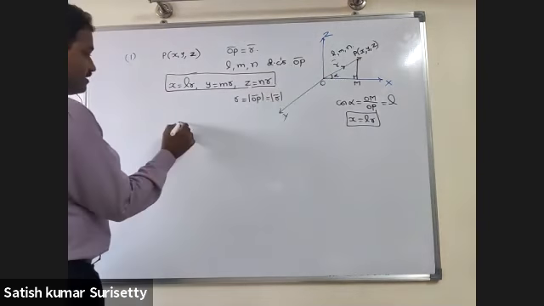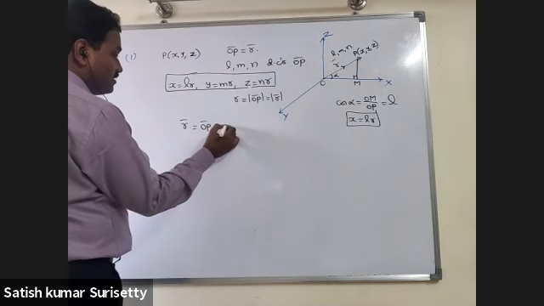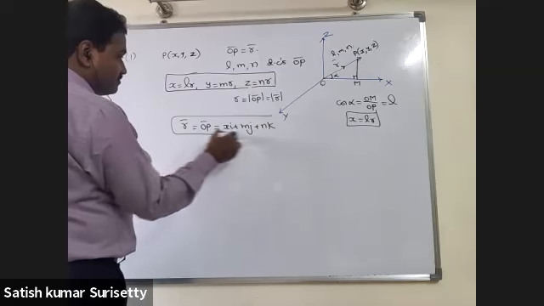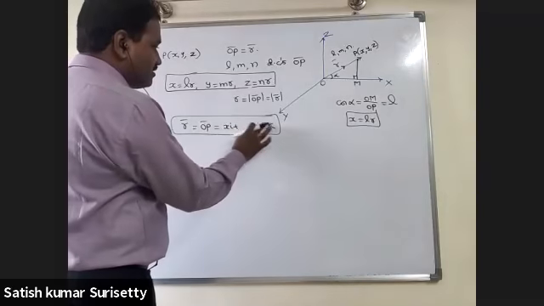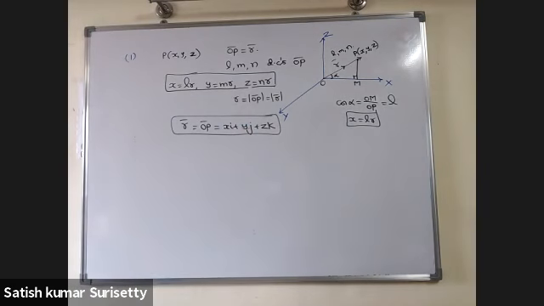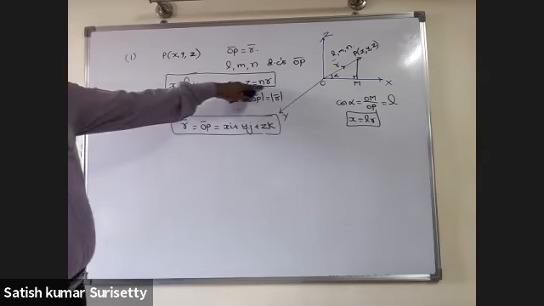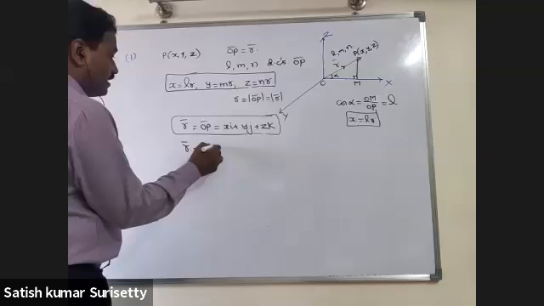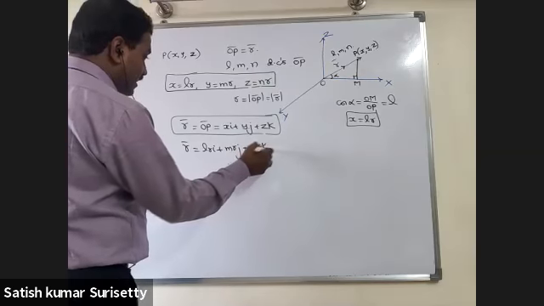So position vector of the point P, R bar, OP bar, is xi plus yj plus zk because P is (x, y, z). Now let us replace x, y, z with LR, MR and NR. So R bar equal to LRi plus MRj plus NRk.